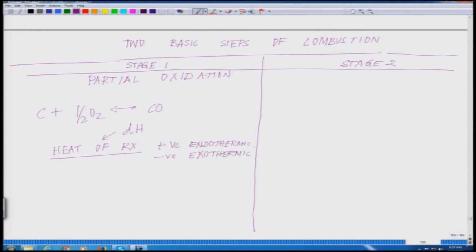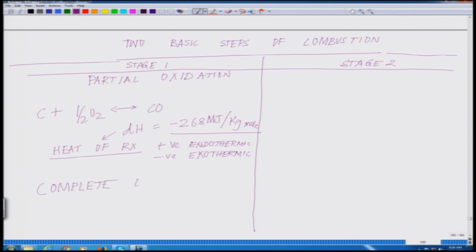The heat of reaction here is around minus 268 megajoule per kilogram mole.